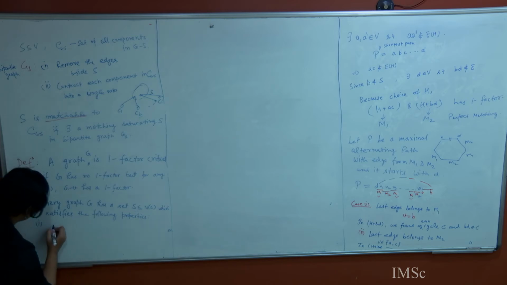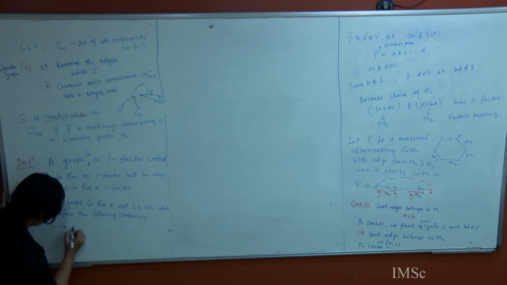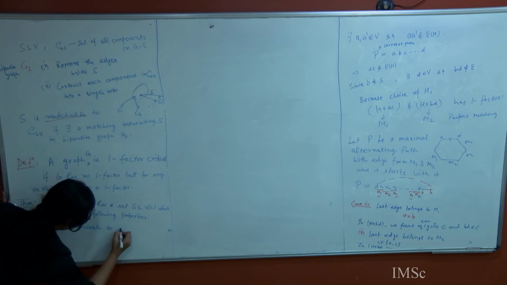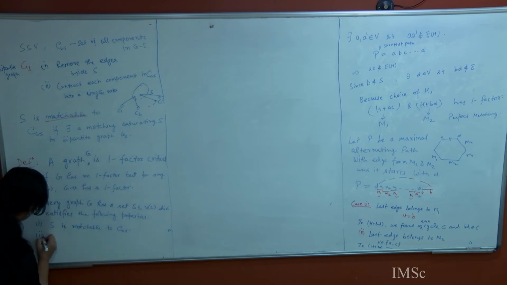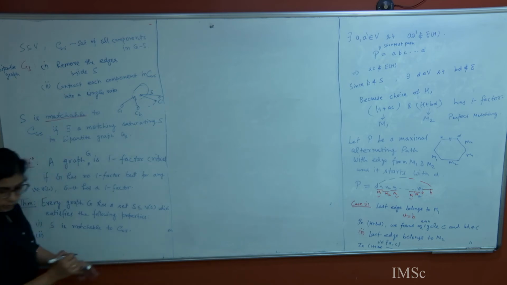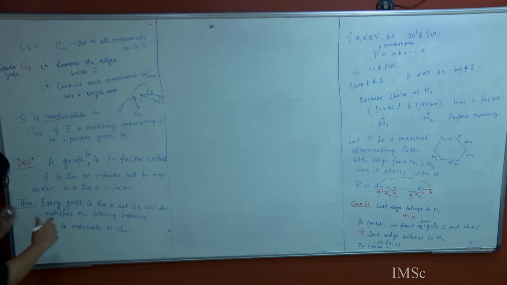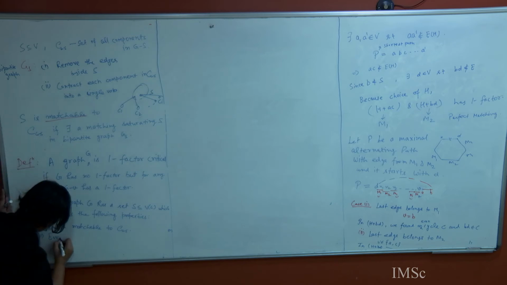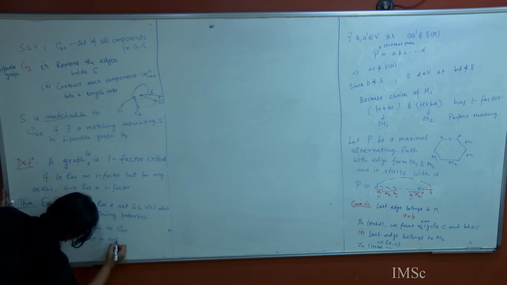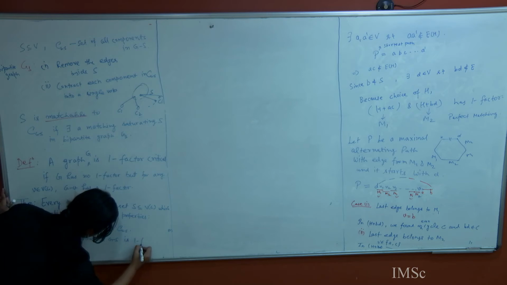The first property is that S is matchable to CG minus S, and the second property is that every component in G minus S is one factor critical.